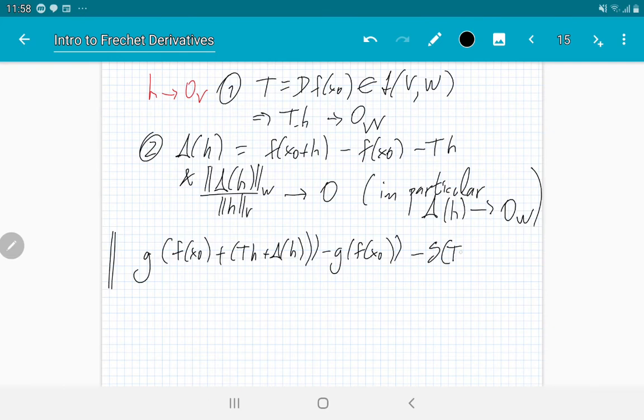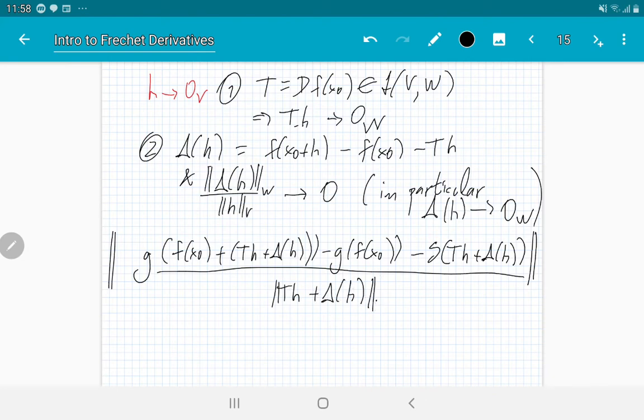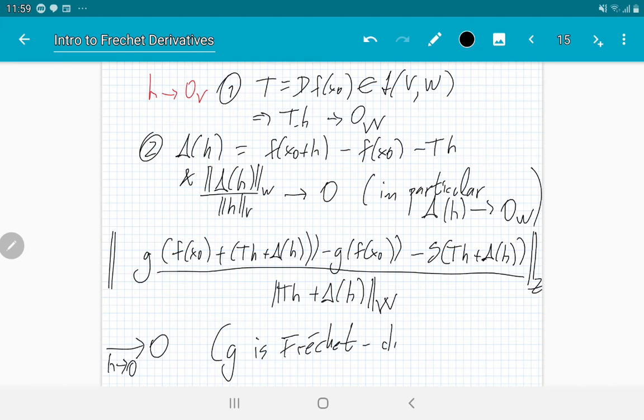And the norm in Z of g of y0 plus T h plus delta h minus g of y0 minus S times T h plus delta h, divided by the norm of T h plus delta h in W, goes to 0 when h goes to 0. That's just because I'm using the fact that g is Fréchet differentiable at y0, which is f of x0.